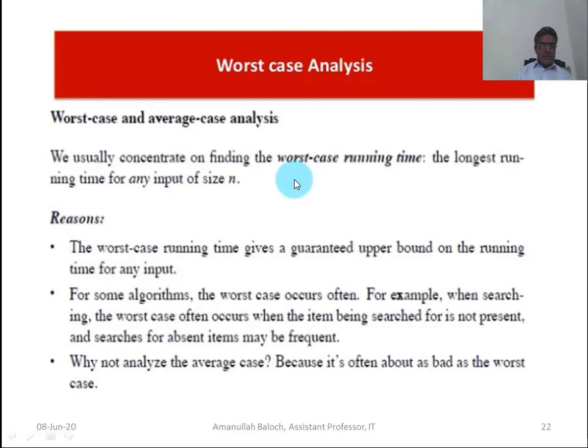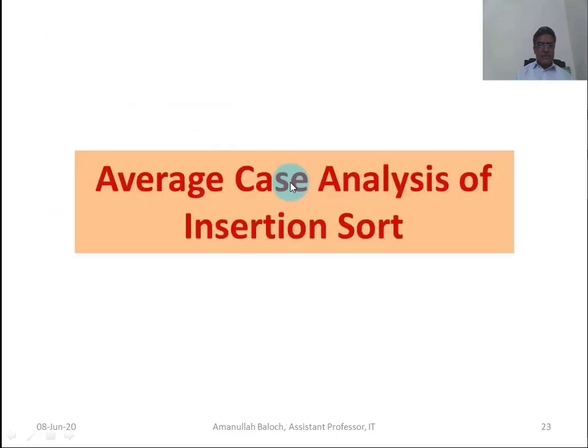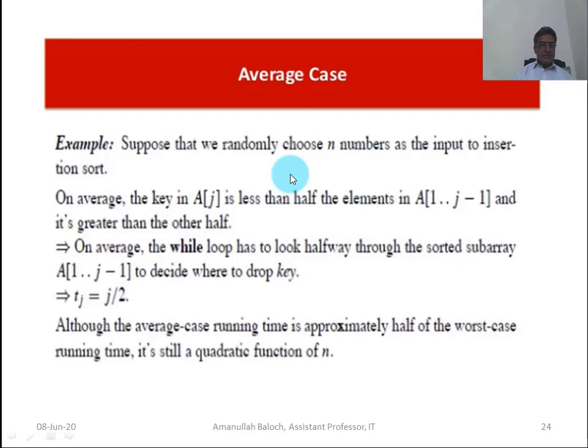Here it is the scenario of insertion sort, average case analysis of insertion sort. In average case analysis, we have already discussed that 50% of the data is unsorted while the 50% is sorted.